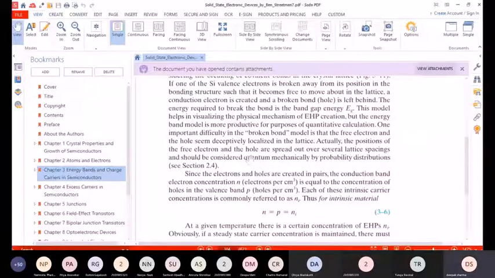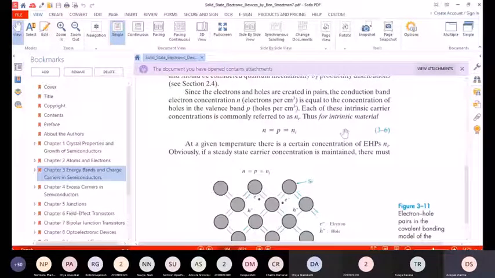There are two types of impurities, pentavalent and trivalent. If pentavalent is added, the material will become an n type extrinsic semiconductor. And if trivalent is added, it will become a p type extrinsic semiconductor from intrinsic.